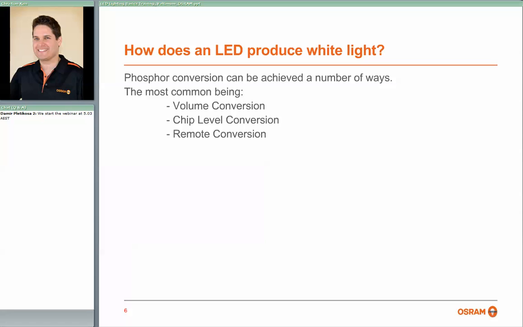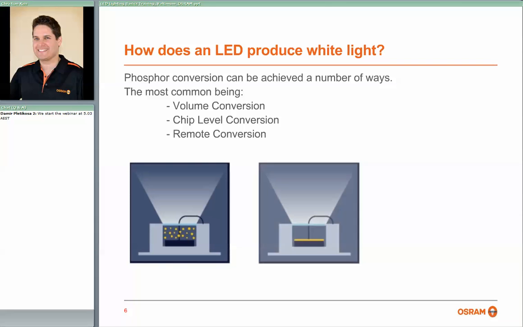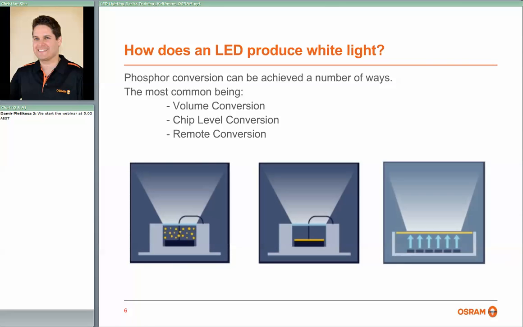Phosphor conversion can be achieved in a number of ways, and the most common are these three versions here, which are called volume conversion, chip level conversion, or remote phosphor conversion. A bit of pros and cons on each type. The chip level conversion and the volume conversion are more or less a similar principle.